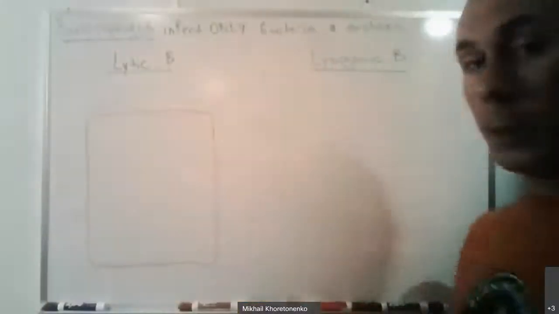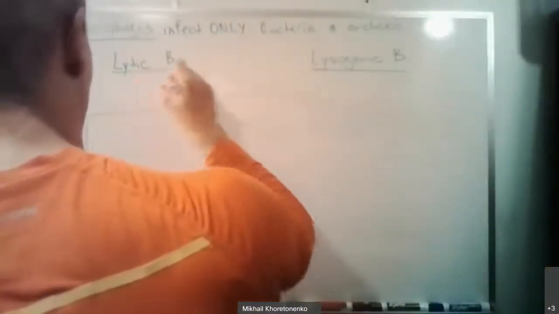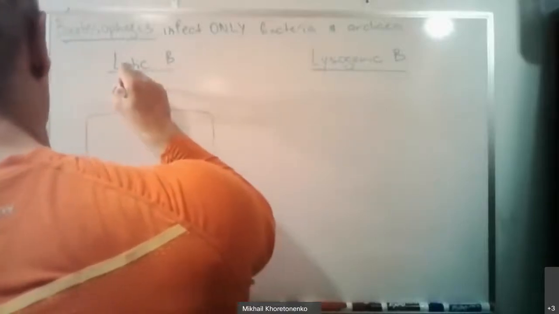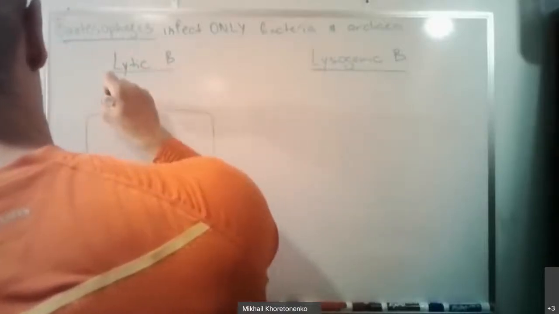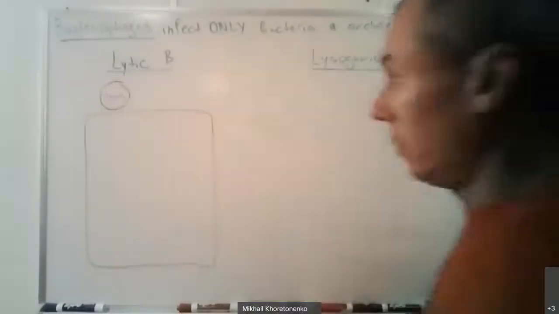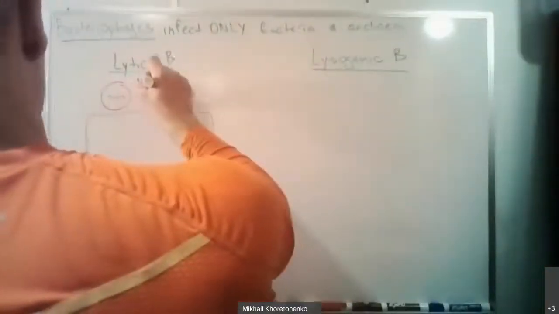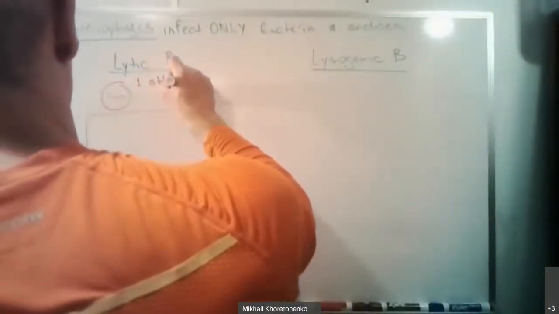I'm not going to draw any specific structure, I'm just going to use the circle with the DNA in it. So, bacteriophage attaches to the surface of the cell. That's the first step of infection, called attachment.